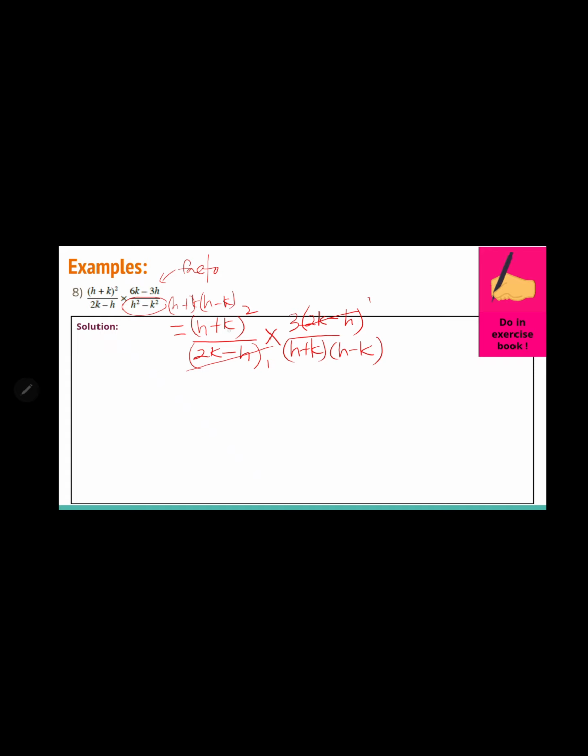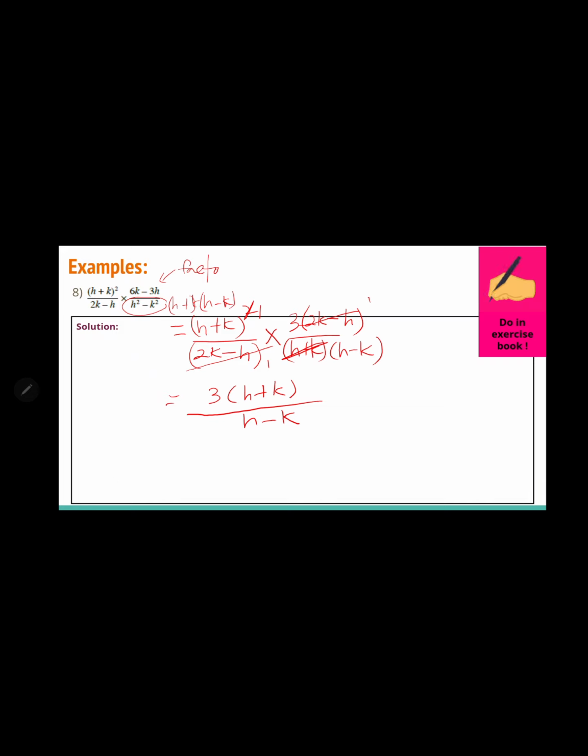This is h plus k square. That means got 2 times h plus k. So one of it I cancel with this. So I will have my 3. This is 1. So h minus k. Okay, done.